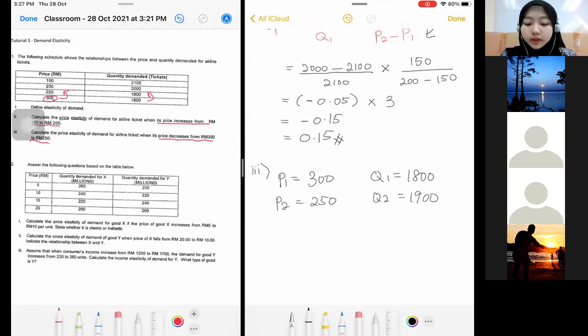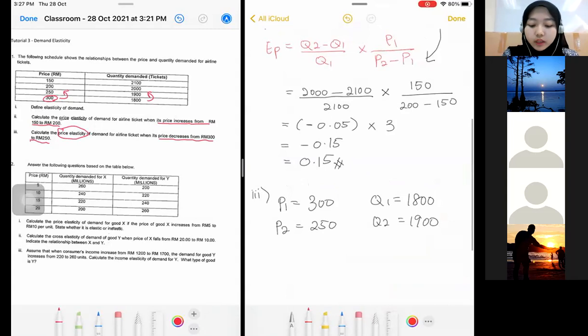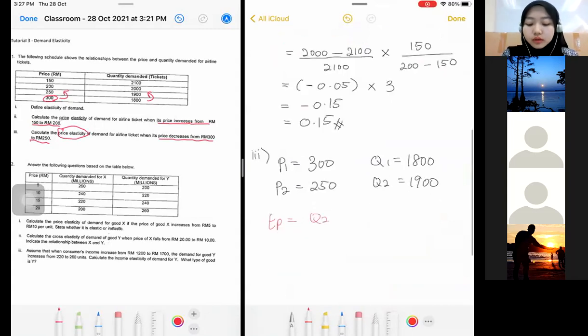Once you know the P1, P2, Q1, Q2, then what else? Place the numbers in your formula to calculate price elasticity. You already know the formula: Q2 minus Q1 over Q1 times P1 over P2 minus P1.